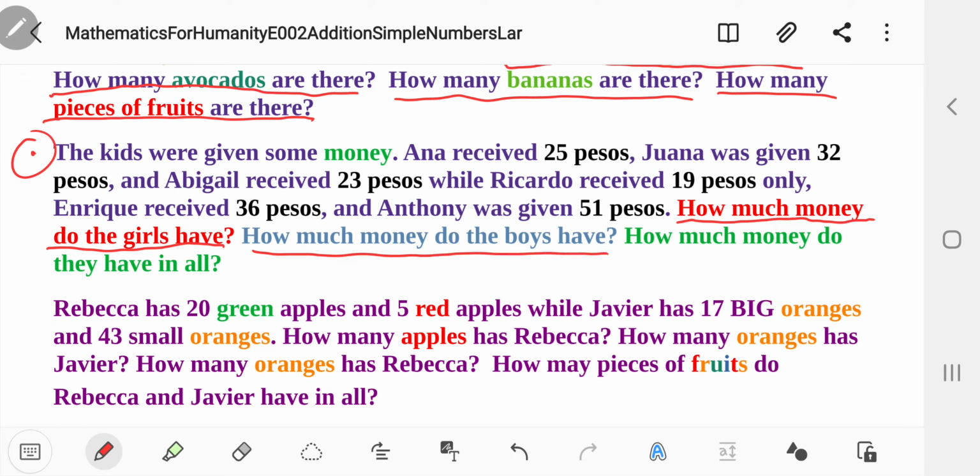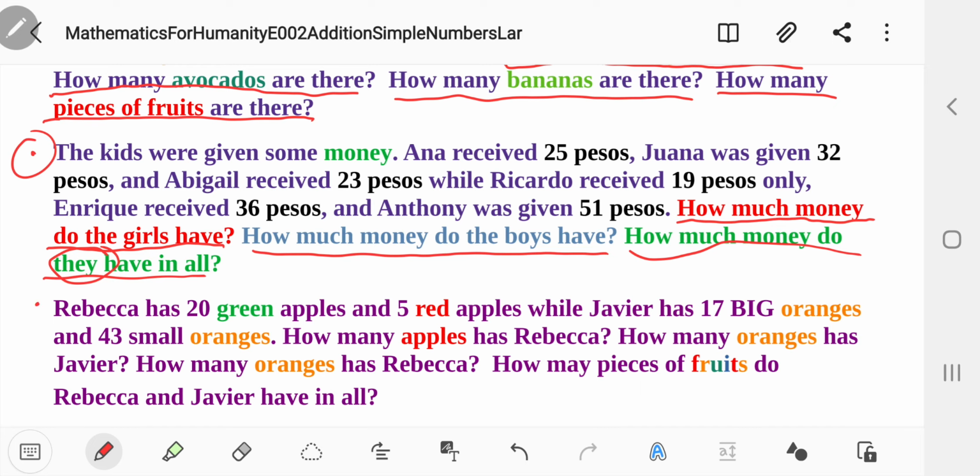We have 3 boys also, Ricardo, Enrique, and Anthony. And the last question is, how much do they have in all? It's specified that how much money do they have, which means Anna, Juana, Abigail, Ricardo, Enrique, and Anthony. So I think that you can solve that problem easily.